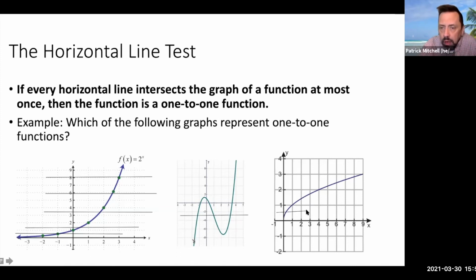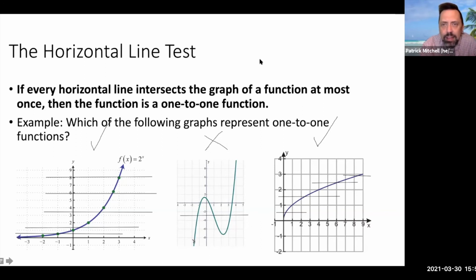No matter where I draw a horizontal line, it never intersects more than once. So this function is also one-to-one. So this one is one-to-one. This one is one-to-one. This one is not one-to-one.